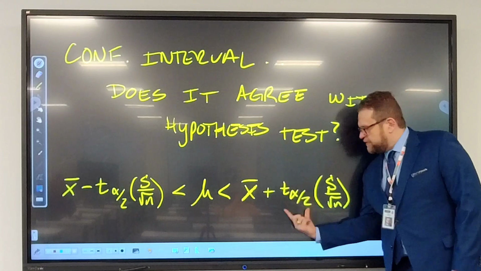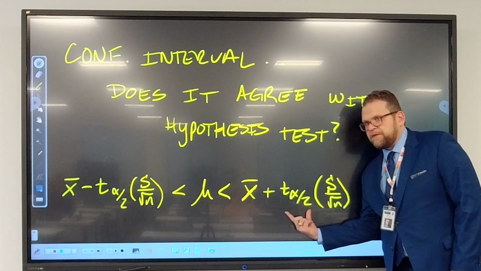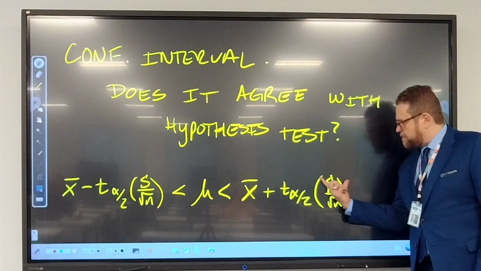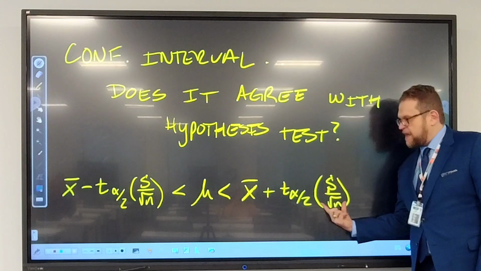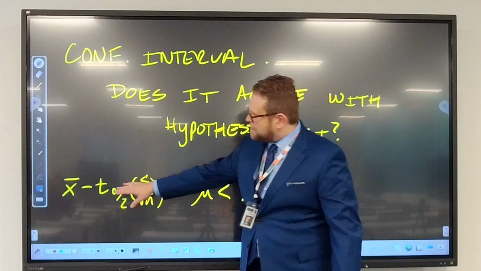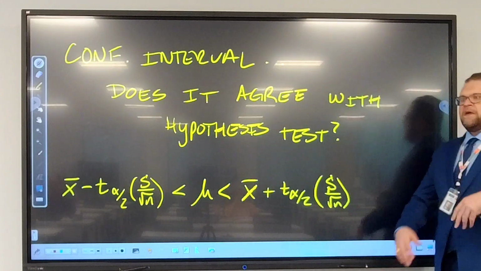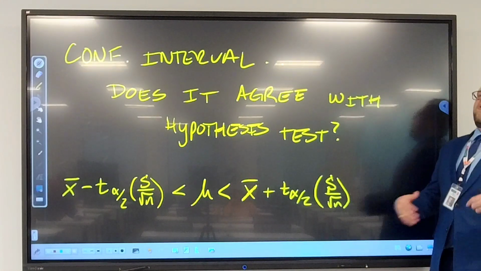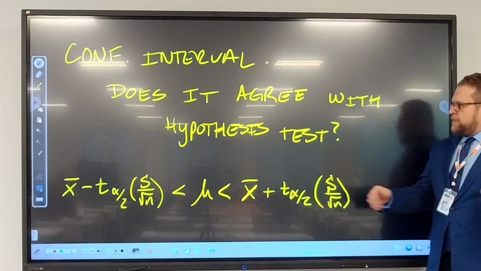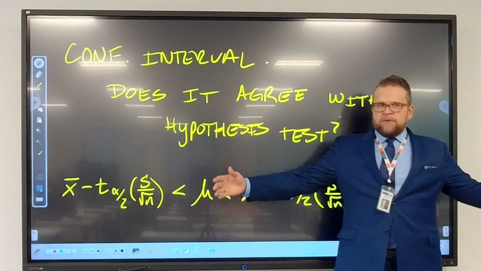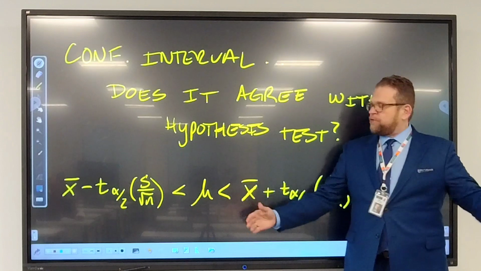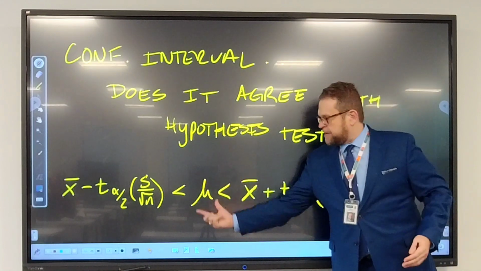Such that if this number gets bigger, then it's going to multiply by this and make the quantity that we're adding and subtracting get bigger. That makes the interval get wider. That way we can be more sure that mu will live in here. If I have a very wide interval, then naturally I should be pretty confident that mu is in there.